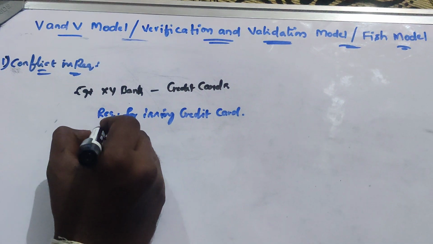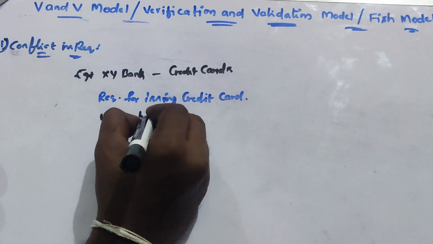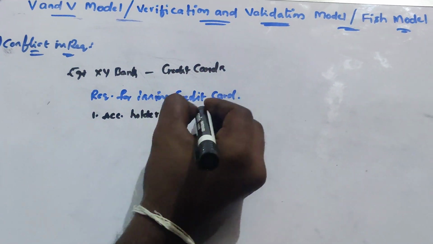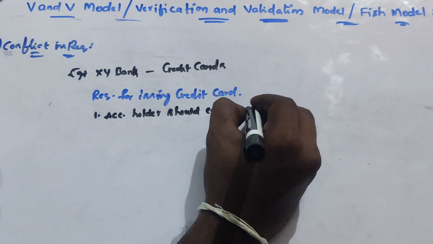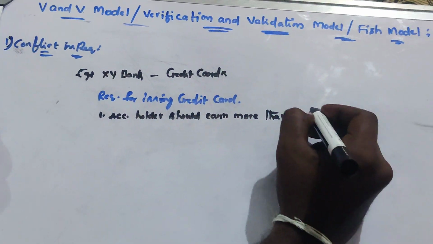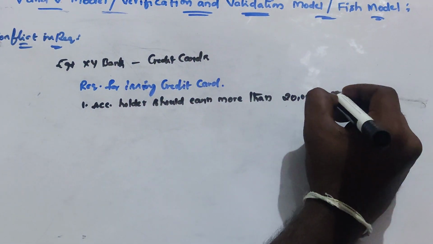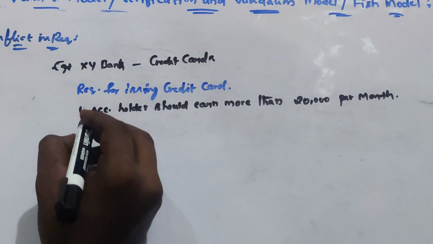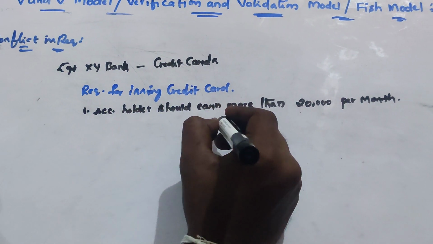The first requirement is that the account holder should earn more than 20,000 per month, and the requirements continue.